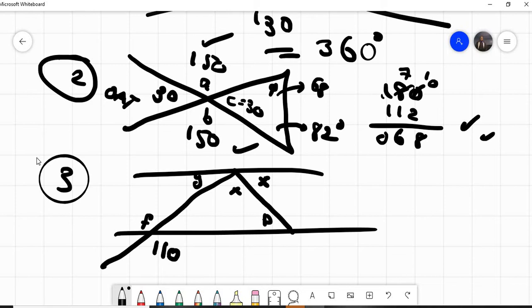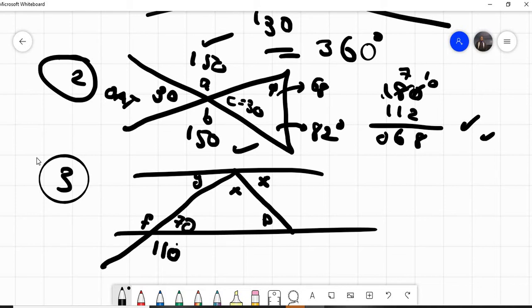That's it. So what we're going to do is, if this one is 110, this one is going to be 110, and here is going to be 70, because if you add them, it's going to be 180.